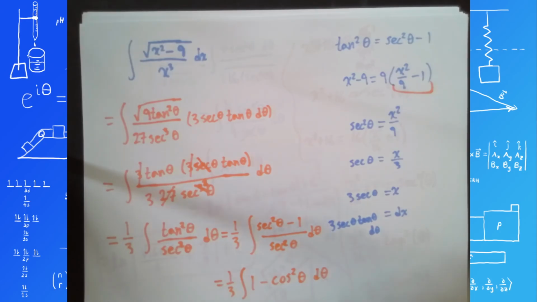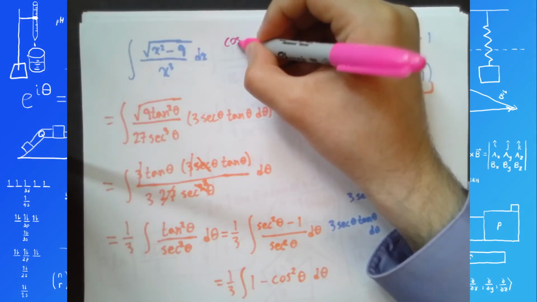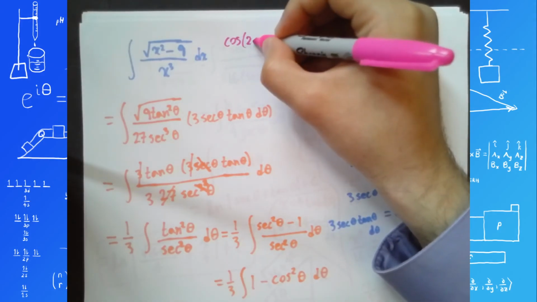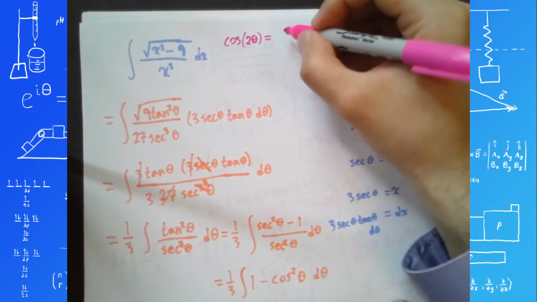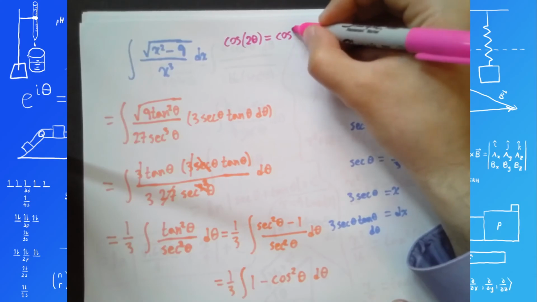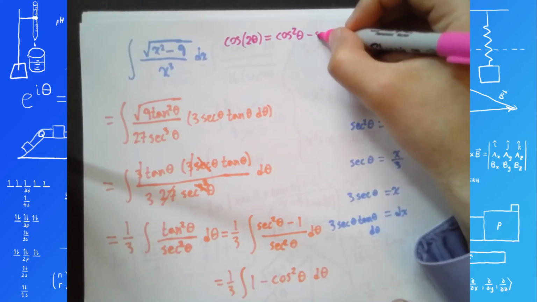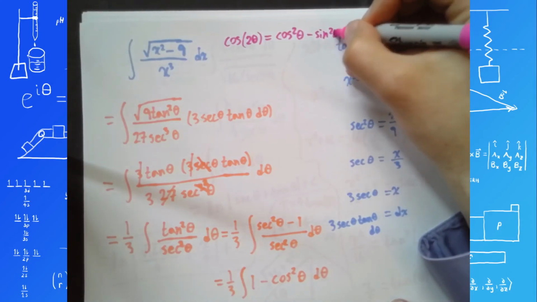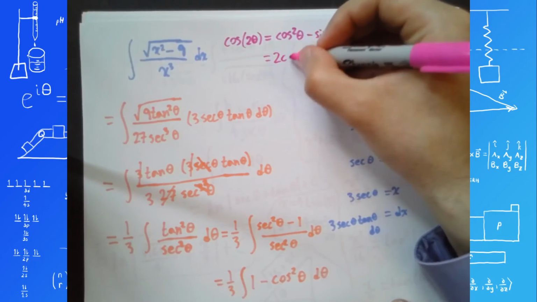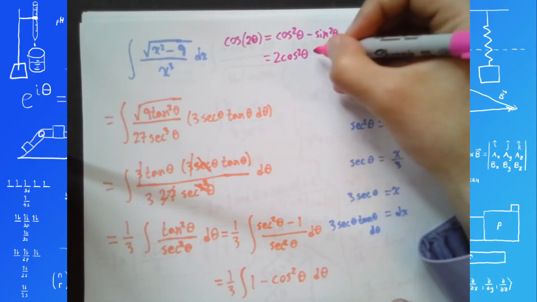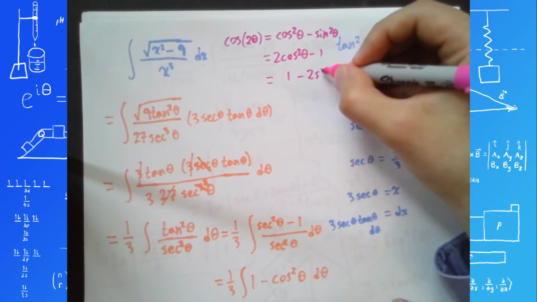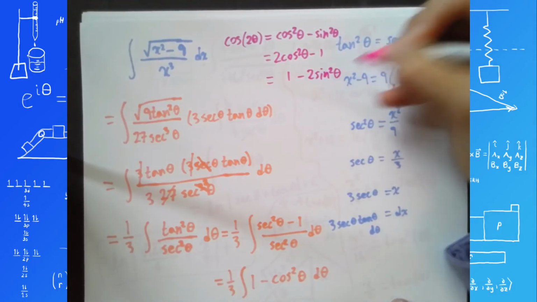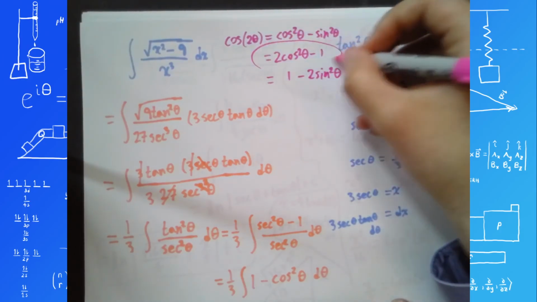So I know that cosine of 2 theta is equal to cosine squared of theta minus sine squared of theta, which is also equal to 2 cosine squared theta minus 1, which is also equal to 1 minus 2 sine squared of theta. In this case, I want to use this one.